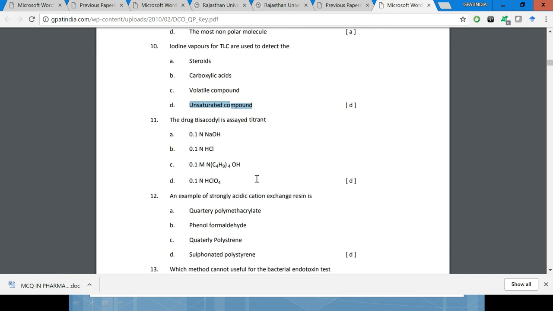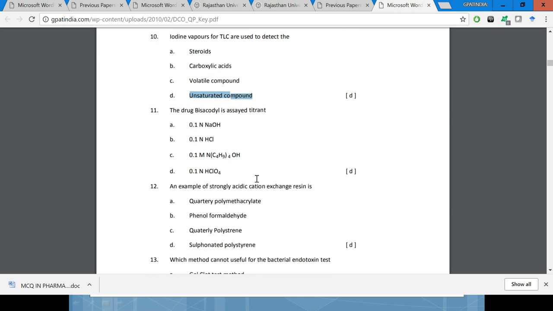The drug bisacodyl is acid titrated. Simple. If you remember the potentiometric titrations, bisacodyl is titrated with 0.1 molar perchloric acid, determining the endpoint using potentiometric titration. B is the correct answer.